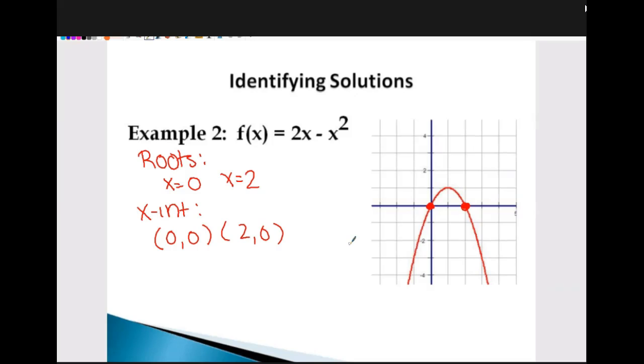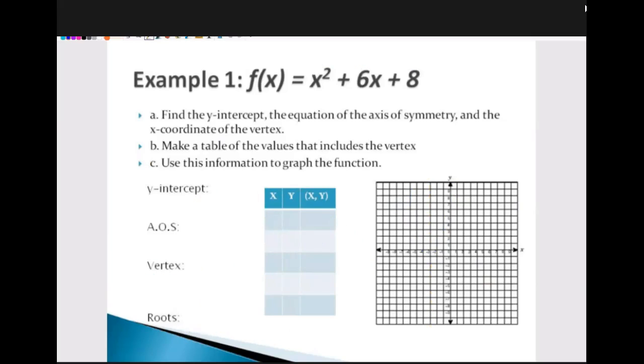So it is important to be able to use the skill sets we attained in the last unit, which was to graph quadratics, because not always are we going to be given the graph of a quadratic. Sometimes we're going to be given the equation, and it is up to us to find the key points in order to get the graph.